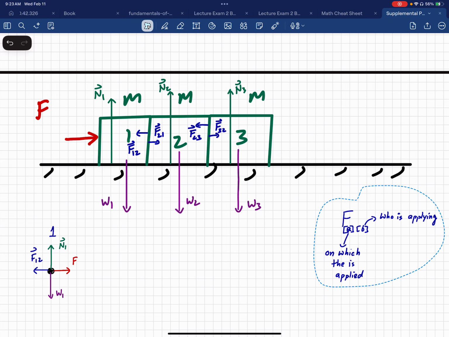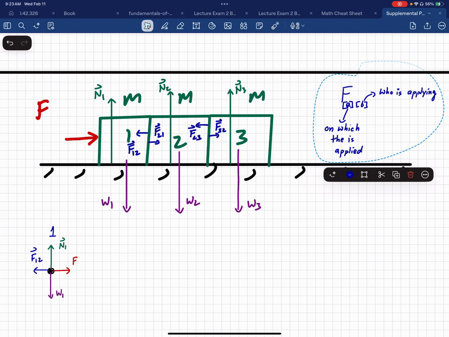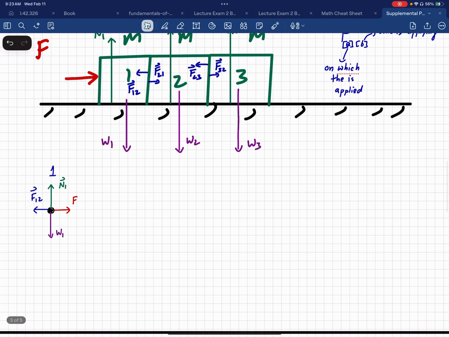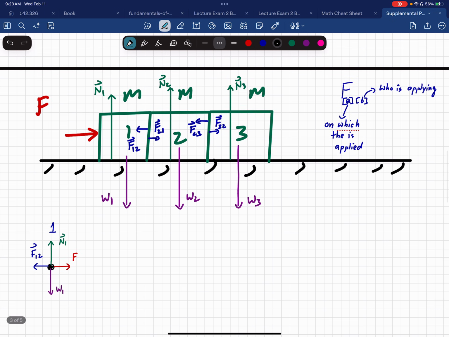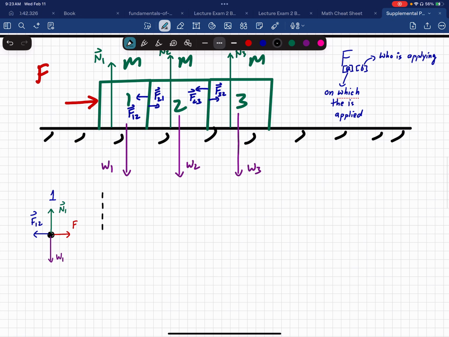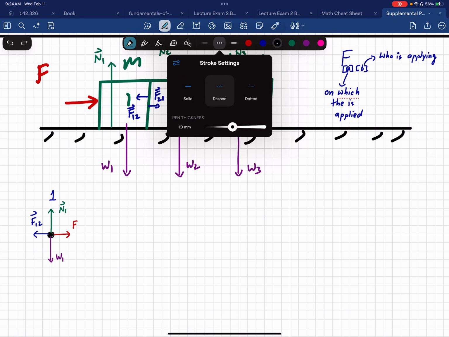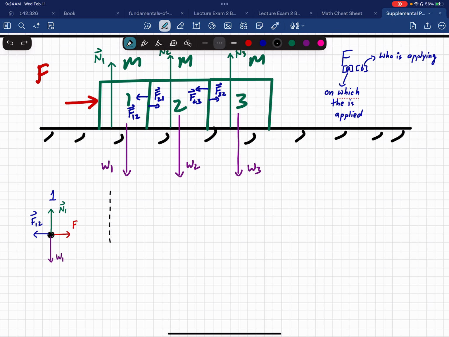Is this point understood? Now, going forward, since we understood and we wrote all the forces, the next step is to write it in terms of the coordinate system. Now, again, since it's flat, we will be going for a flat coordinate system.